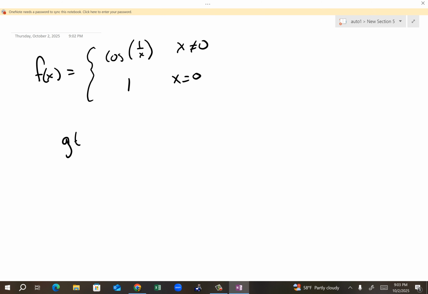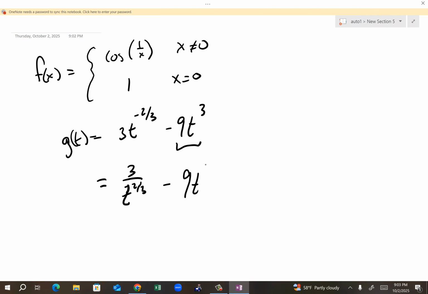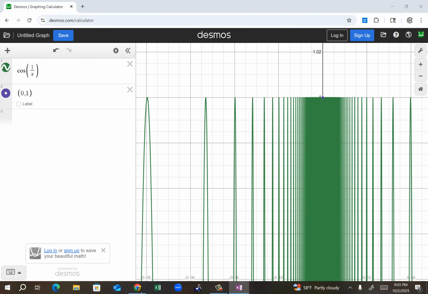G of t equals 3t to the minus 2/3 minus 9t cubed. Now this fellow here, we're good on him. This guy is a little weird though. It's t to the 2/3. Uh-oh, what's the problem? Well, at 0, you're going to have a problem, right?